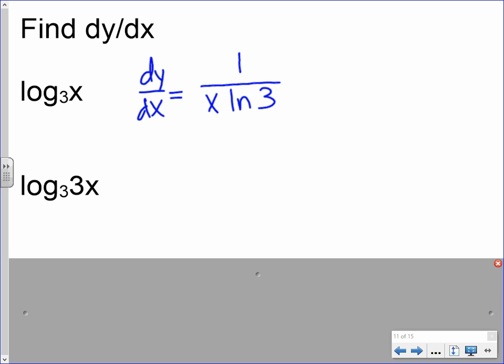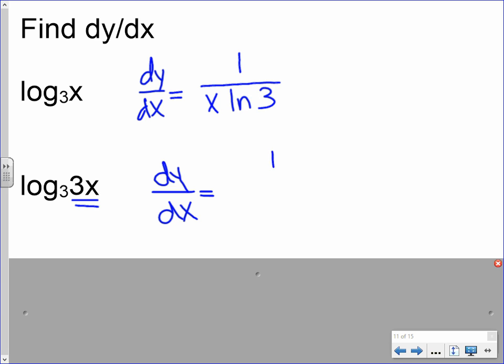Log base 3 of 3x. Okay. When we take this derivative, what is going to be different? We have to use a chain rule. So our inside is 3x.